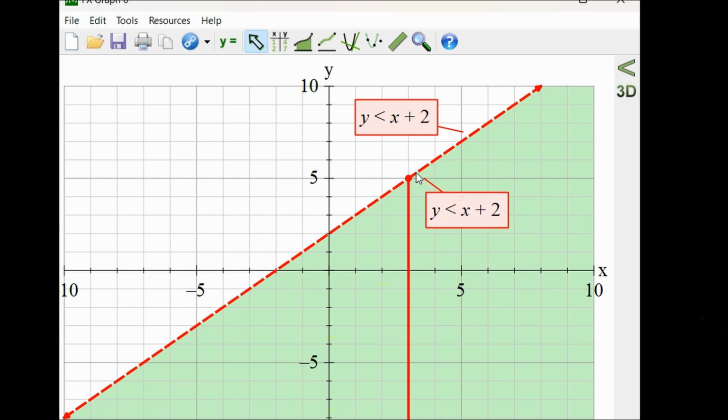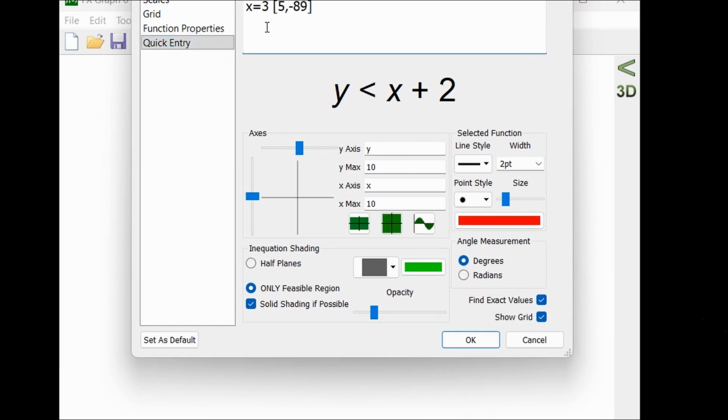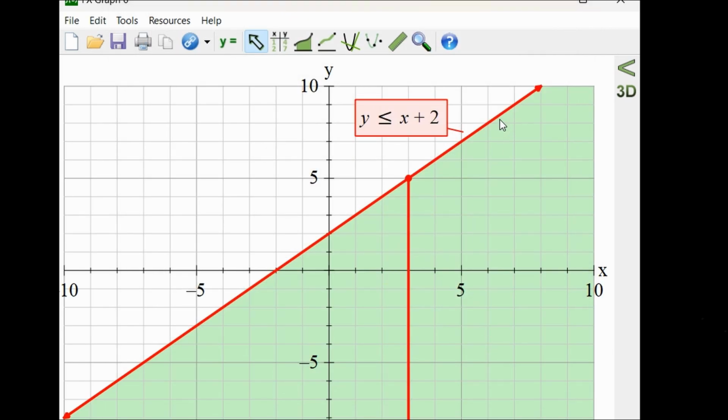Now if you do that for every single point on this line, you end up with a shaded area underneath. Now look what happens when I do equals. This now becomes a solid line, and it's all the values of y that are below that line there.